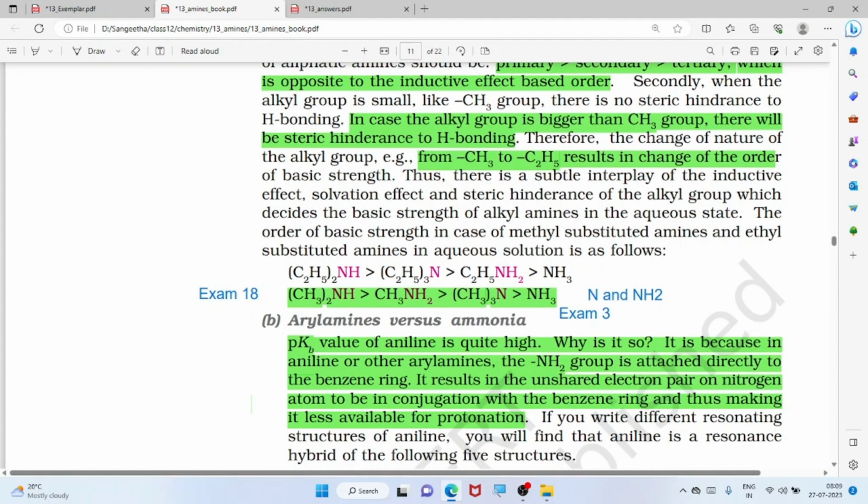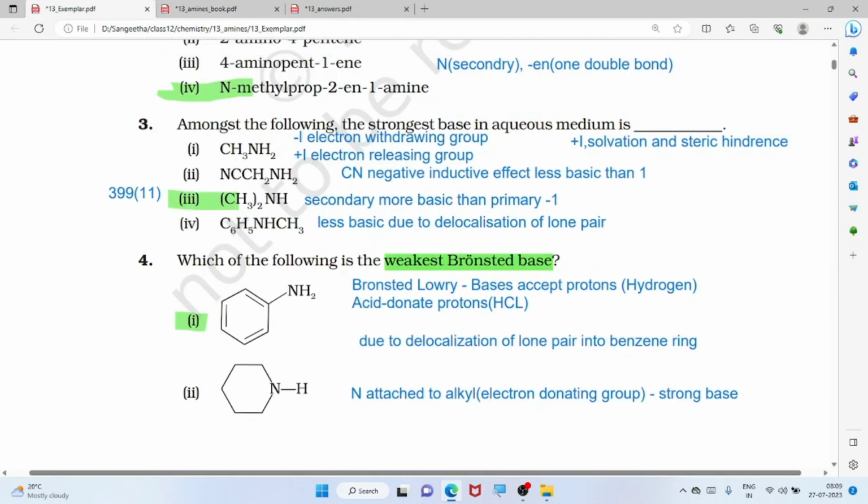After analyzing all those three effects, this is the order: this is more basic than this. Based on this, this is the answer.